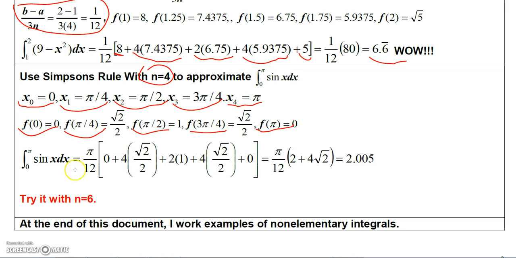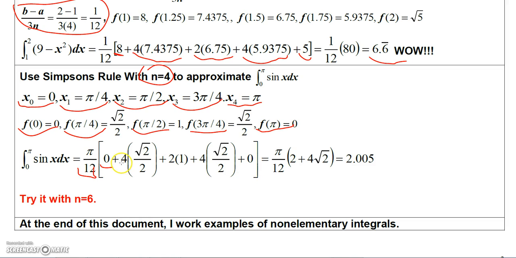Okay, then you have to do b minus a over 3n, where b minus a is pi, and 3n would be 12, so you'd have pi over 12 out here. And on the inside you would have f of 0, plus 4f of pi over 4, plus 2 times f of pi over 2, plus 4 times f of 3 pi over 4, and then plus f of pi.